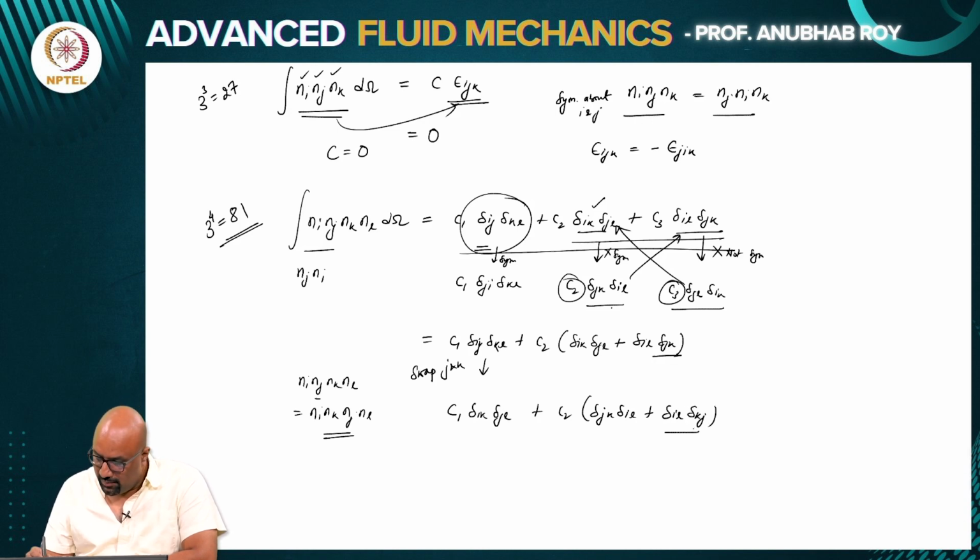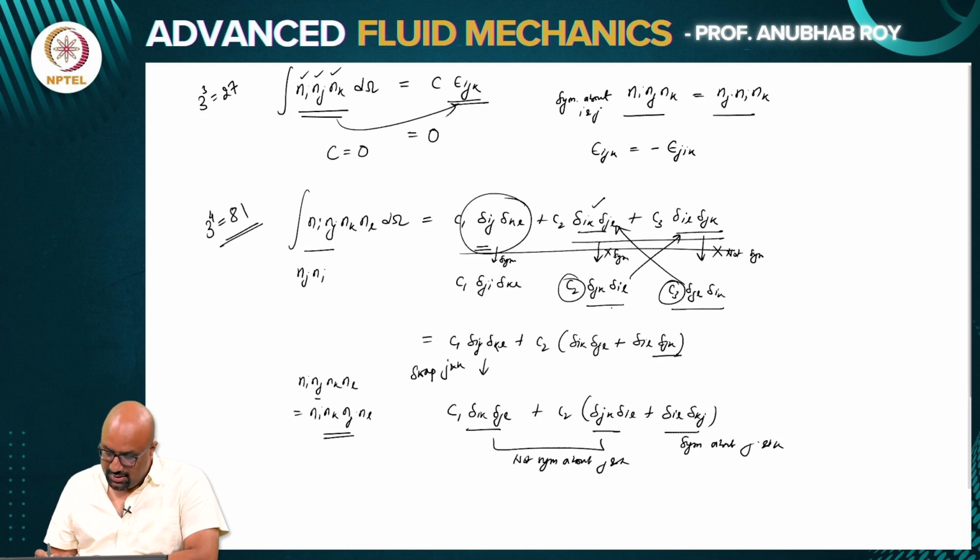So this term is already symmetric about j and k, whereas these terms are not symmetric about j and k.